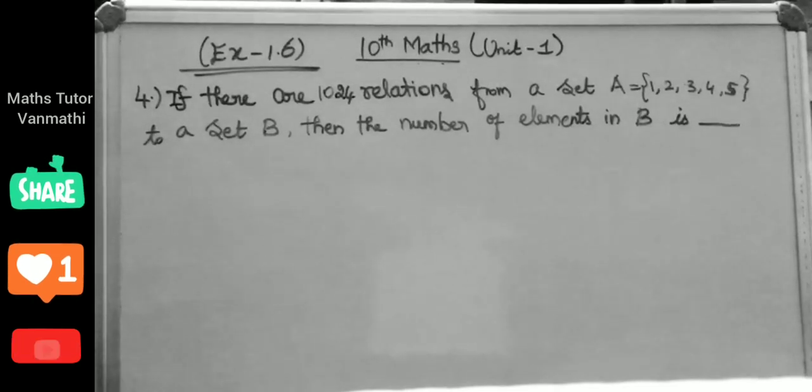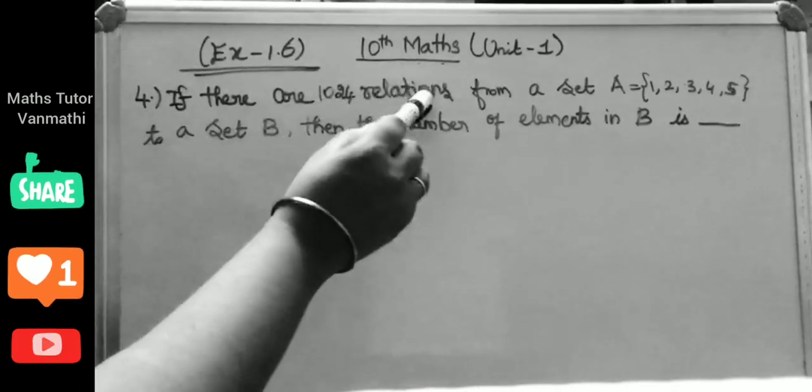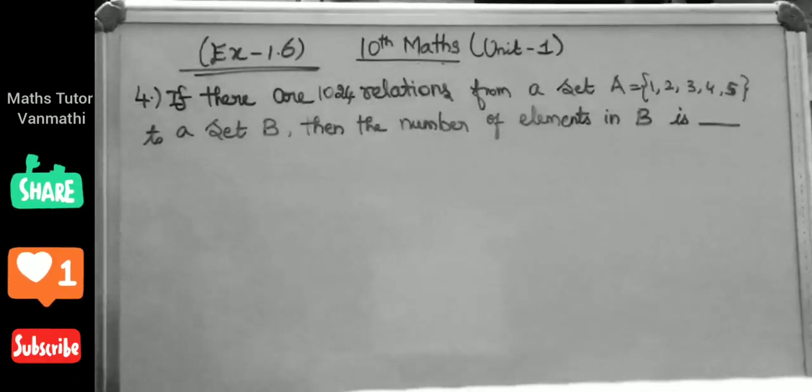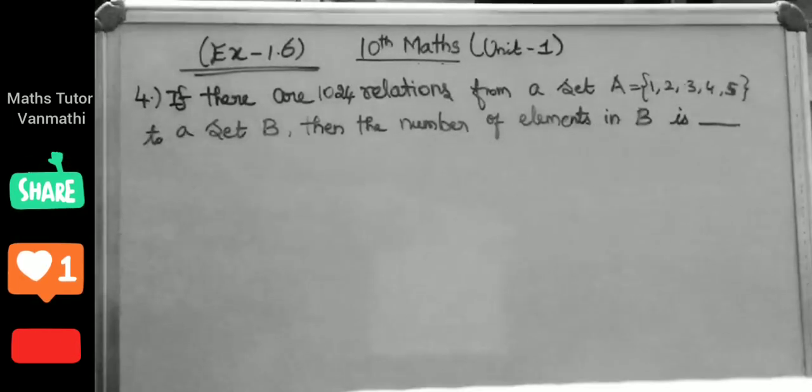Fourth problem. If there are 1024 relations from a set A equal to {1, 2, 3, 4, 5} to a set B, then the number of elements in B is, that is what they have given. There are 1024 relations from set A to B, and the set A elements are 1, 2, 3, 4, 5.